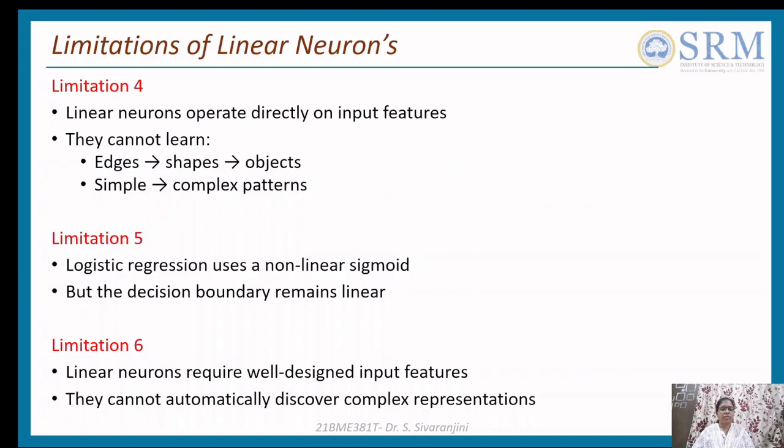The more complex the data is, we need models that learn hierarchical non-linear representations automatically, not handcrafted features. This is precisely what stacking layers with non-linear activation achieves, removing the need for manual feature engineering.